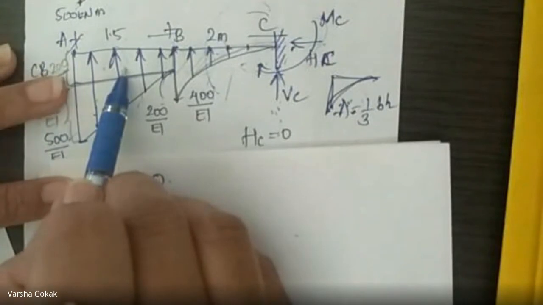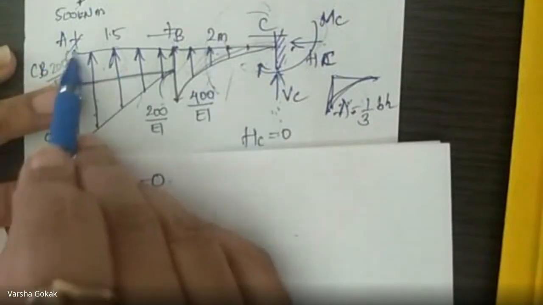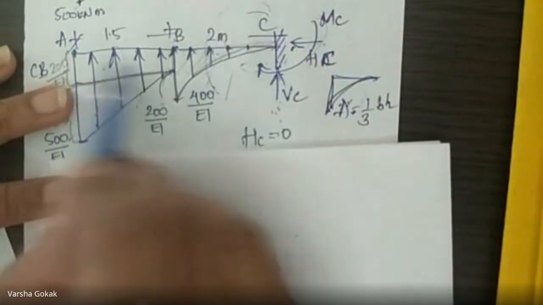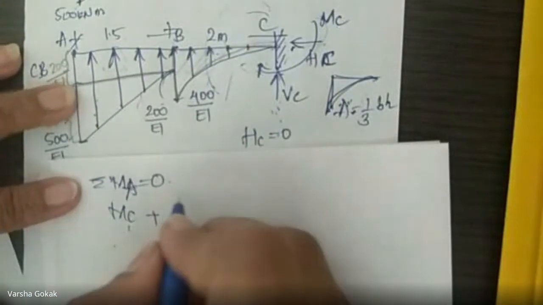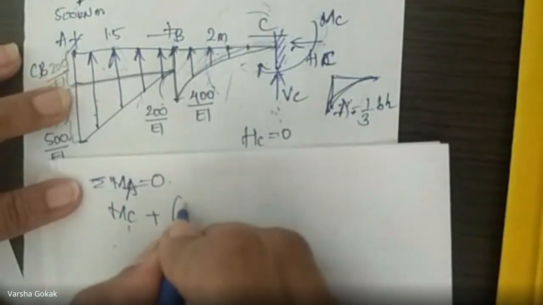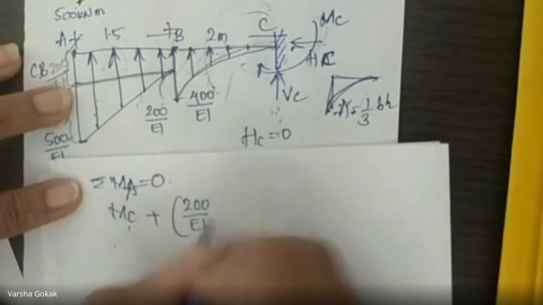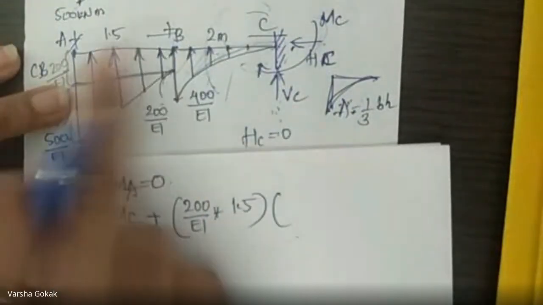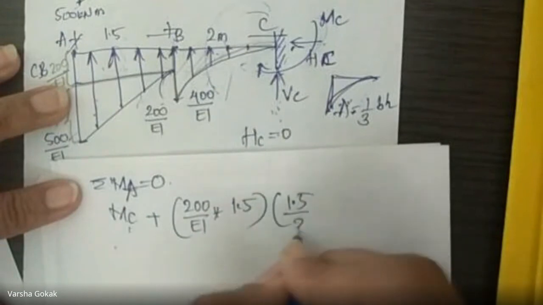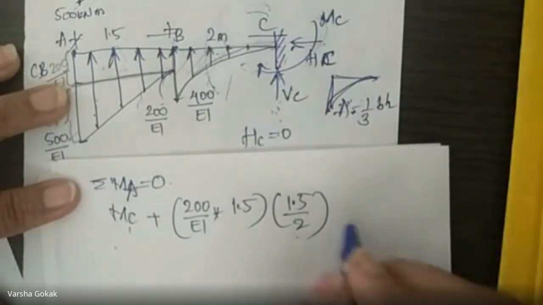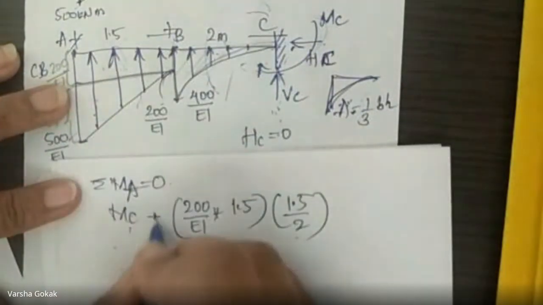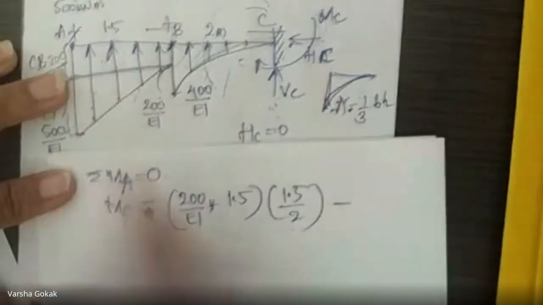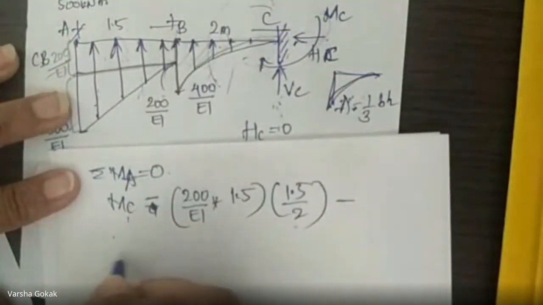So now let us start. Rectangle, how will we do it? L into B into half of 1.5, the CG of the rectangle. So first the area, that is 200 by EI into 1.5. CG, let us multiply 1.5 by 2. This is for the rectangle. This goes in minus. Then again minus, the triangle.